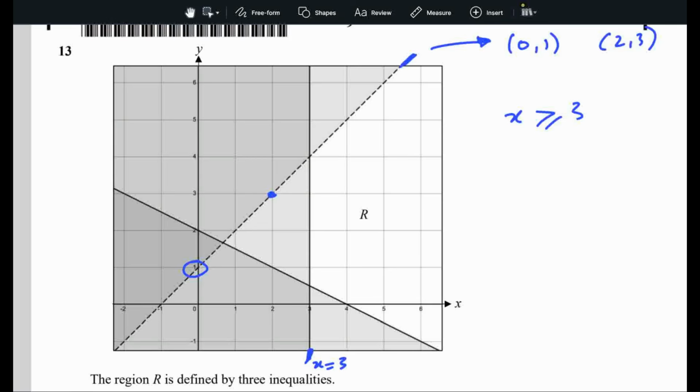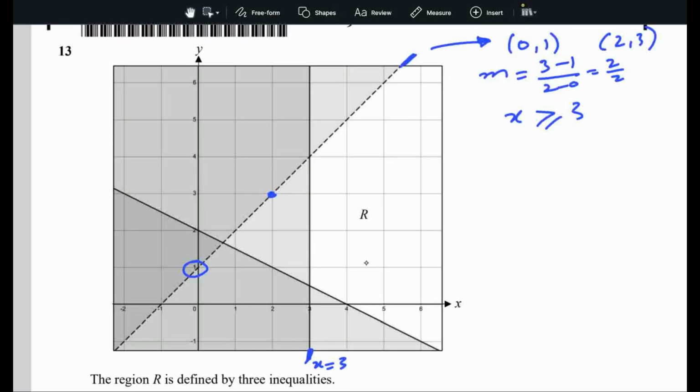So the gradient of this line will be 3 minus 1 divided by 2 minus 0. So this will be 2 by 2, so the gradient will be equal to 1.